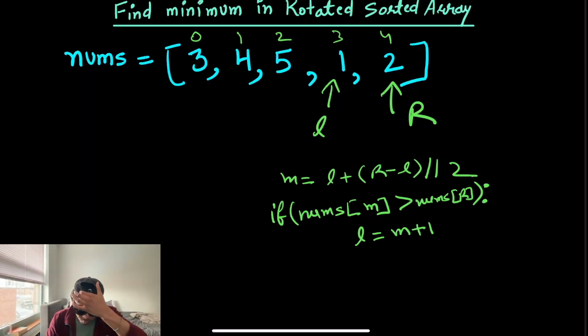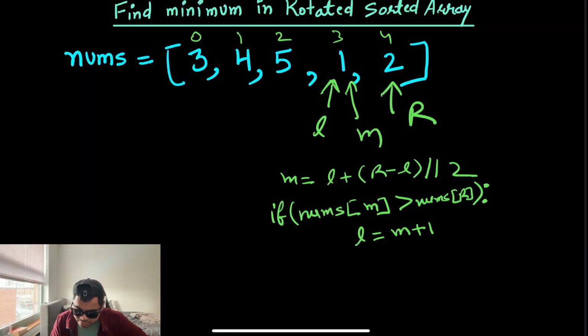What happens now? We'll again calculate the mid. In this case, (4 minus 1) divided by 2 is basically 1, so the mid will be 1 plus 1, that is 3. This is my new mid now.